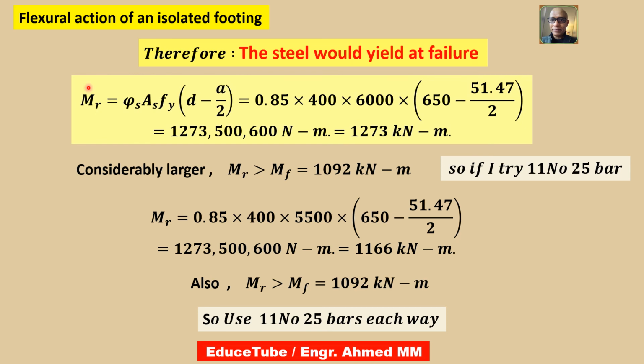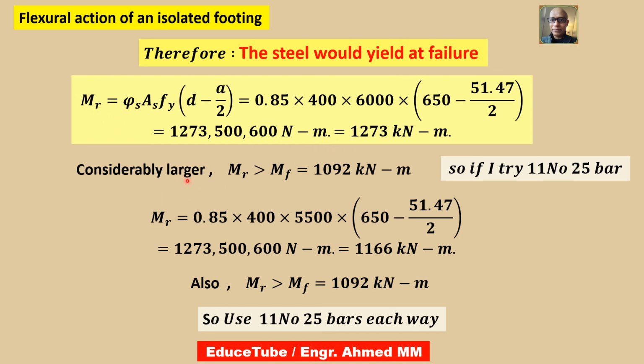All the parameters, 0.85, 400, 6000, we already got in previous slides. And then we have 1273, that is the value we got, 1273 kilonewton meters. This MR is the factored moment resistance of the section.